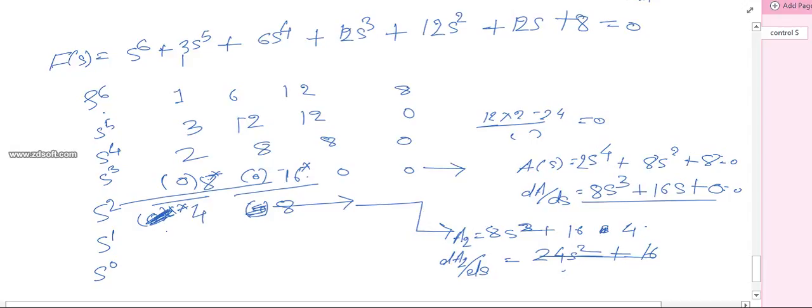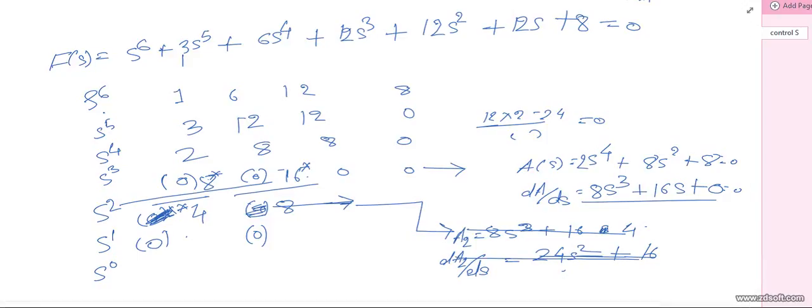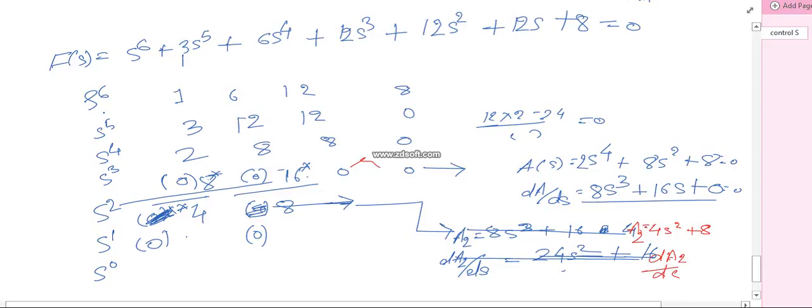Sorry, mistake. Now here if we solve, 64, 8 is 64, here we get 0. Okay, sorry for the mistake, and again here we get 0. So this would be the auxiliary equation, and it would not be this, it would be A2 is equal to 4s^2 plus 8, and dA2 by ds that would be 8.